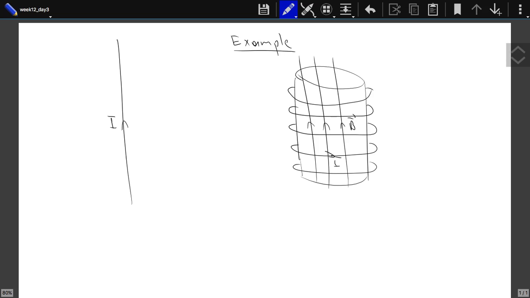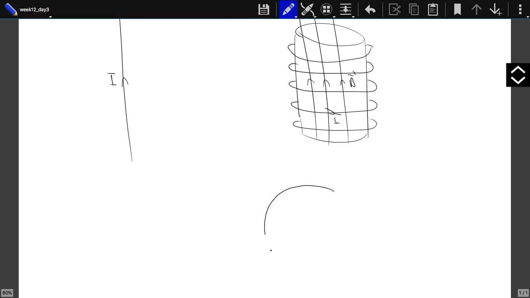This is I. And then, let's say here, the current is running in this sense. If you just look at it from the top, there will be an upward B field, uniformly distributed in the solenoid.